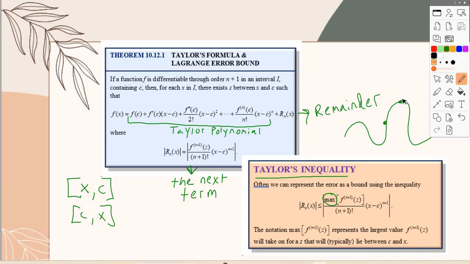So, for the most part, this is what I would write here. That's what we're going to be using most of the time. So if you want to put a star next to that, if you wrote both of them down, that's fine. But you mostly just need to know that inequality. And no, there is not a nicer way to write that. So that's how you have to write it out.